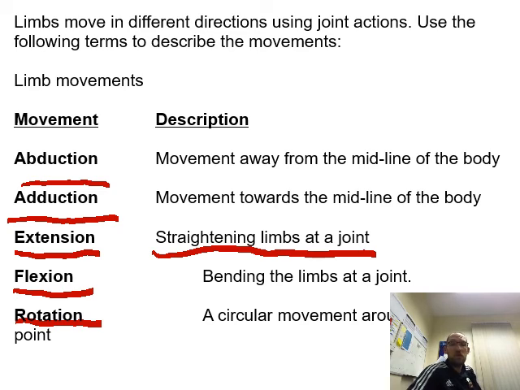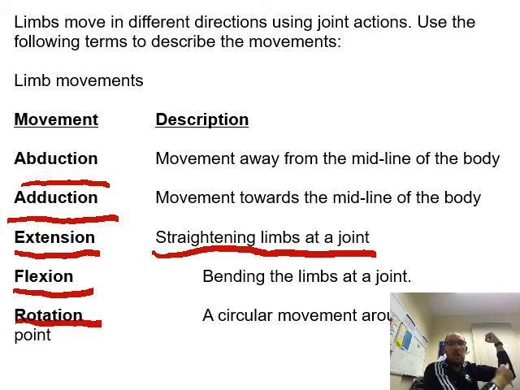Now, extension. If you think of an extension, you make it bigger. So it's the straightening of limbs at a joint. I'm straightening, I'm extending my arm out as straight as it can be, as far as possible. Flexion: if you go to the gym, you stand in front of that mirror and you flex your muscles, it is bringing that arm in.